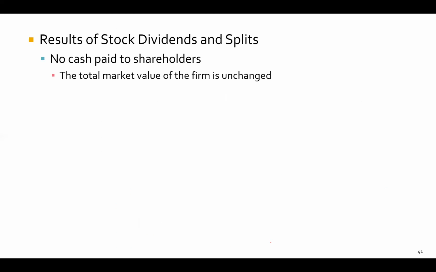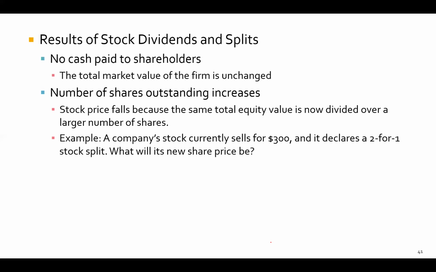The result of a stock dividend and split is that no cash is directly paid out to shareholders. New shares are given, and that's it. There's no cash distribution and no cash taken in. Nothing about the firm changes except for the number of shares outstanding. So effectively, there's no direct impact on the market value of the firm.